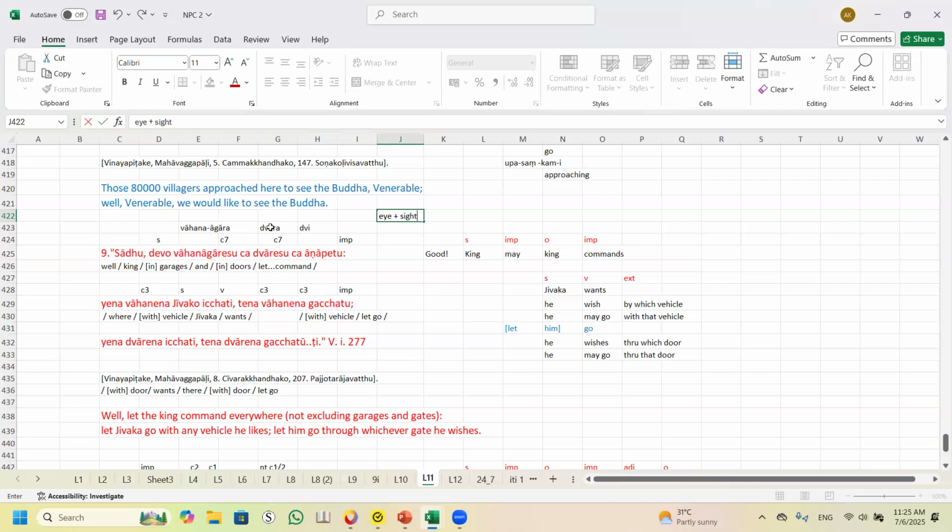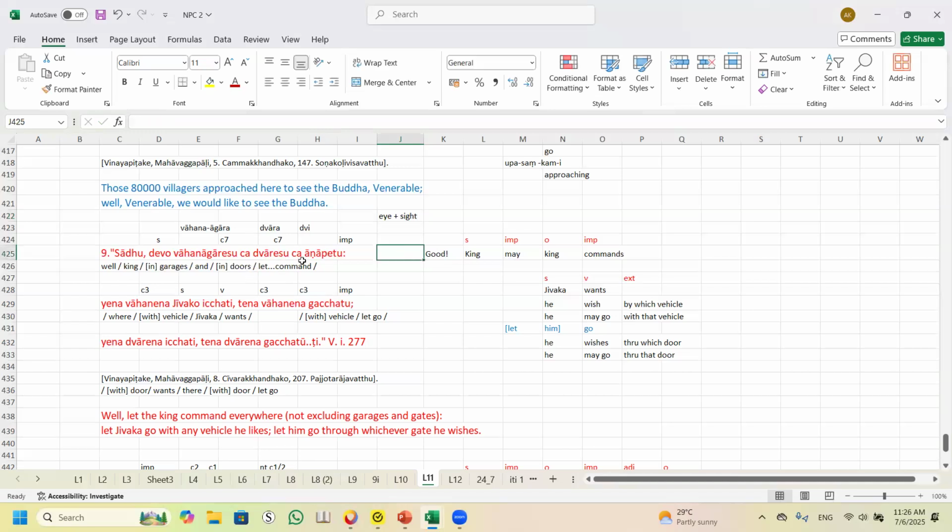If it's a sound, then it goes to the ear door. After the ear door, then it will arrest. Then only the respective indriya will be activated. So this is talking about the door.